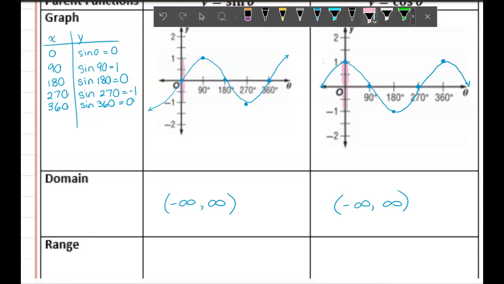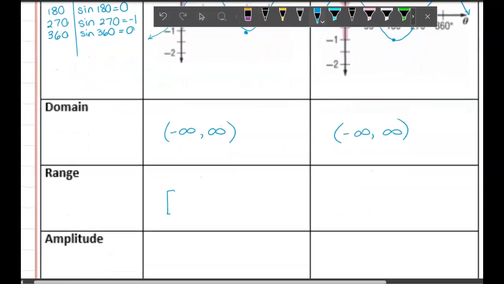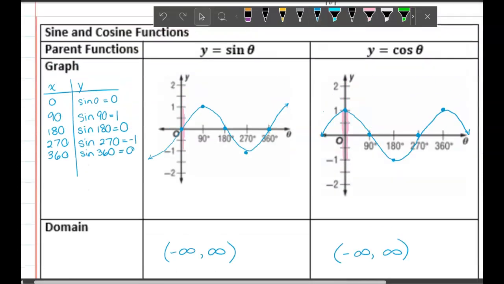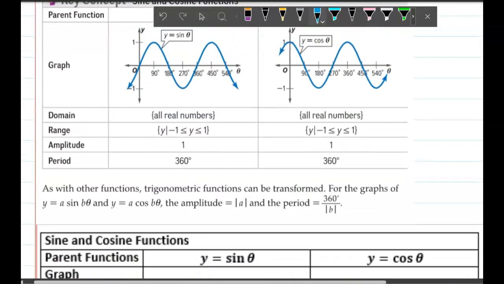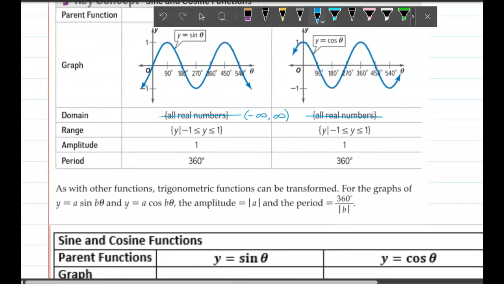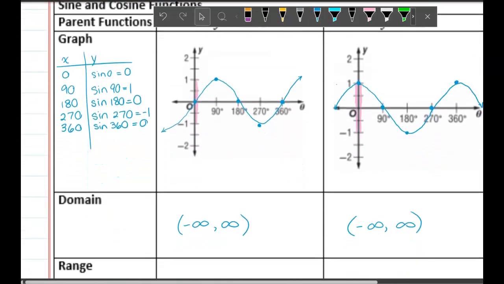We can see that these are from negative 1 to positive 1, including negative 1 and positive 1. Now the notes at the top of the page have the same thing. We just usually write negative infinity to positive infinity, and we usually write our range. What you see here is set notation. We like interval notation a little bit better. It means the same thing.